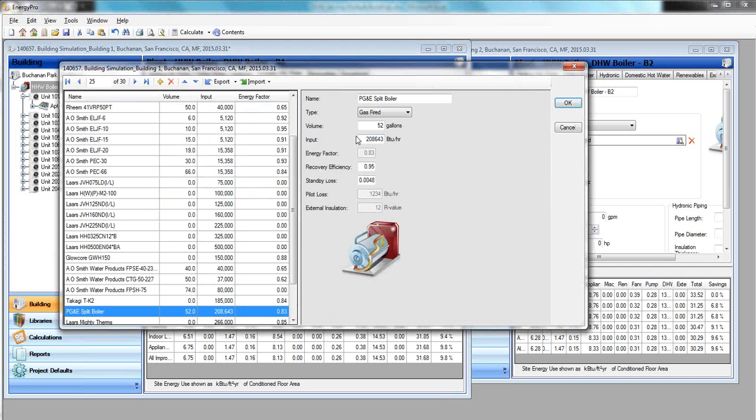You would model the boiler system, basically, is the answer to this question. You would assign the recovery efficiency and the standby loss to the boiler system, considering it as one system. You wouldn't create a separate tank storage system specifically for that scenario. Do you agree with that, Kyle?